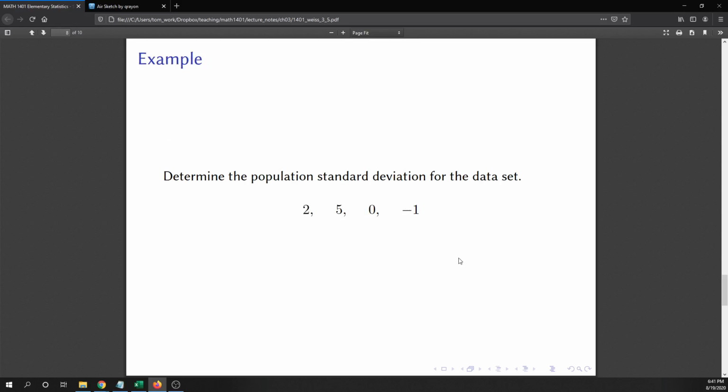So in the next slide, what we want to do is compute the population standard deviation for this population here, right?